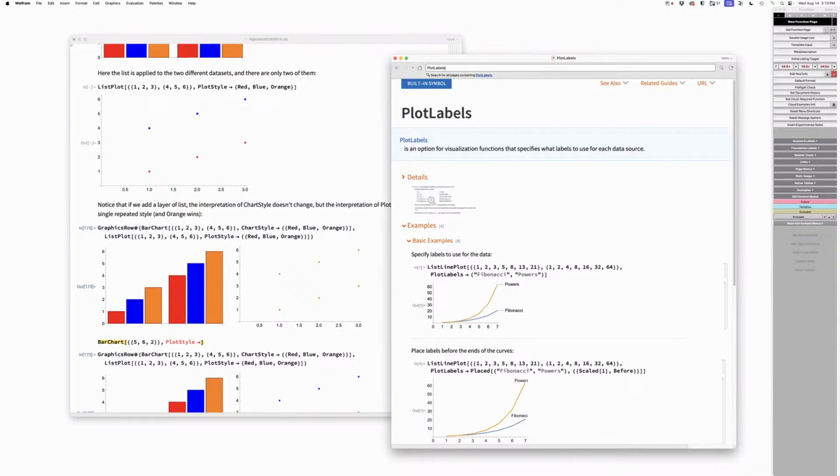This is super confusing. I didn't even know that ChartLabels has this feature, that it can label at any level. Why can't PlotLabels label at every level? What's the second level of a plot? Well, okay, fair enough.